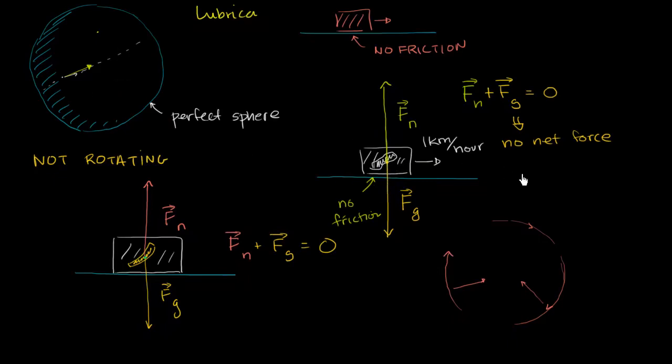So in this situation, the magnitude of the force of gravity is going to be greater than the magnitude of the normal force. So we don't have this situation, where you wouldn't orbit. We have the situation where you do have some net centripetal force.